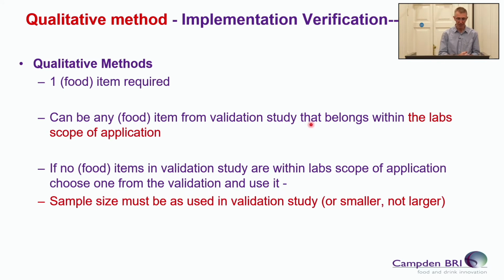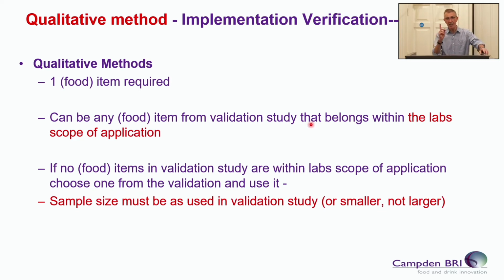So first of all, let's look at the verification of qualitative methods, and let's look first at the implementation verification. This is the comparison of your results with the results that are obtained in the validation study by the expert laboratory. And what we're looking for here is this estimated LOD50, the point at which the method only detects 50% of the positives.